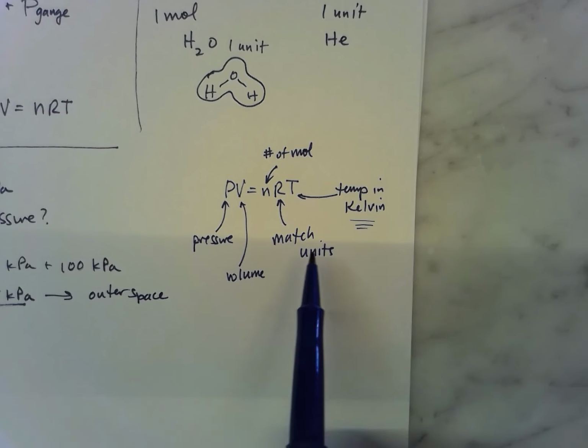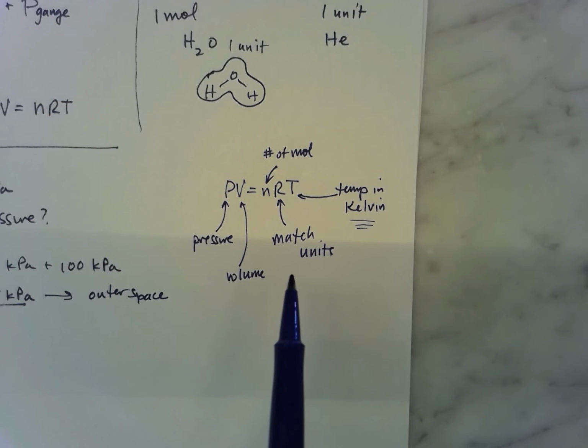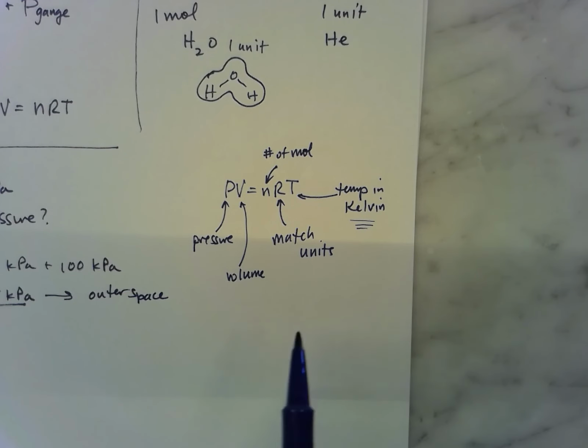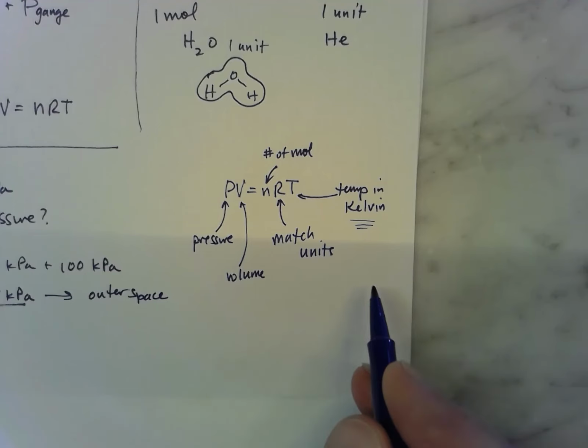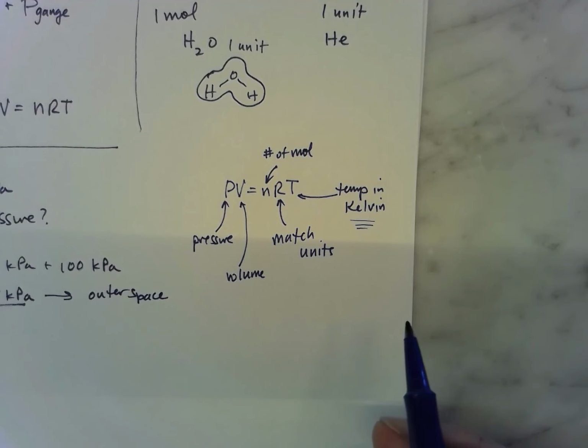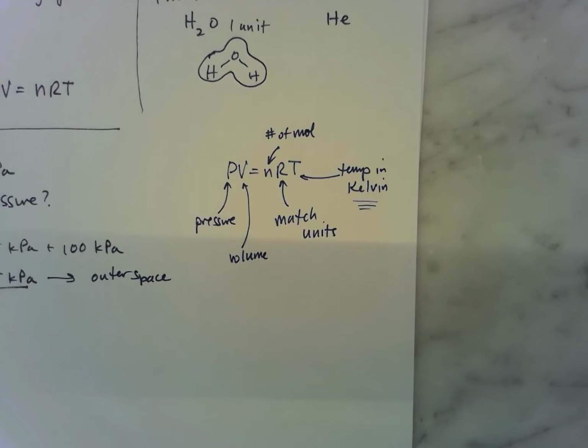But if you're doing something that's got a difference in temperatures, so you're subtracting a final temperature minus an initial temperature, you don't have to worry about Celsius versus Kelvin. The degree size is the same, so you can pick either one. If it's given in Celsius, just do it in Celsius. If it's given in Kelvin, just do it in Kelvin. So that's not a problem.